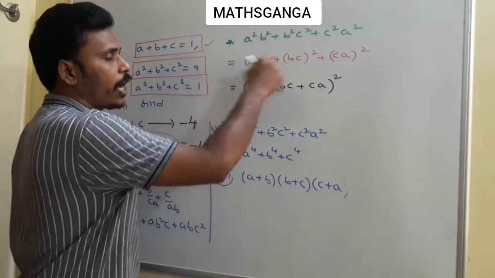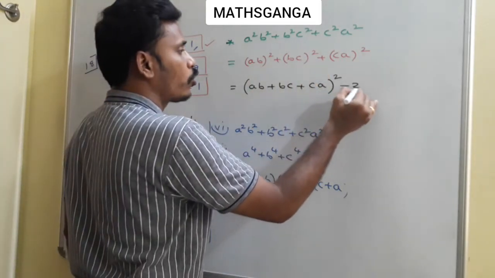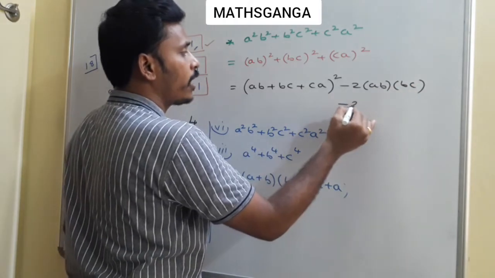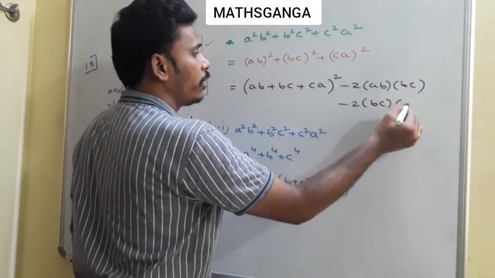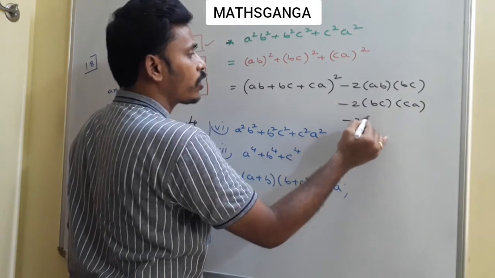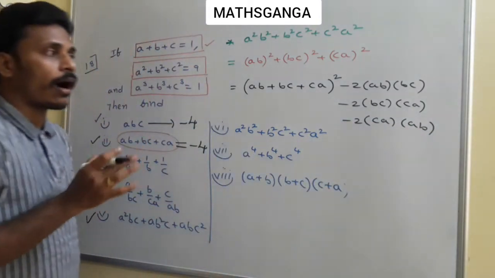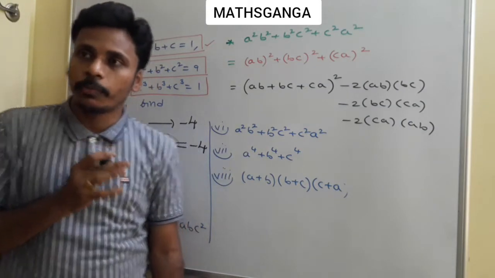They are not there here, so we need to subtract: 2 times ab into bc, 2 times bc into ca, and 2 times ca into ab. You just observe it and analyze it.